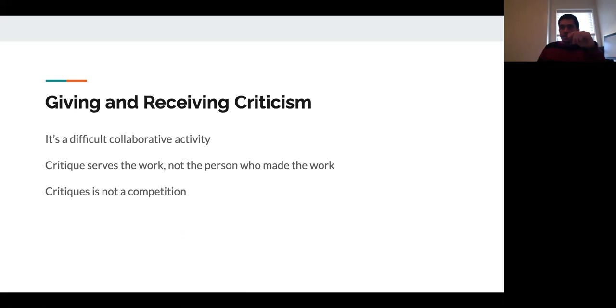So the purpose of criticism is that it's meant to serve and move the activity, process, or piece forward into a state that reaches its end goal. And to go about doing that, it is a very difficult collaborative activity.